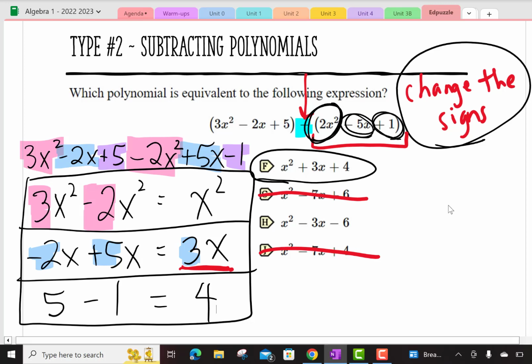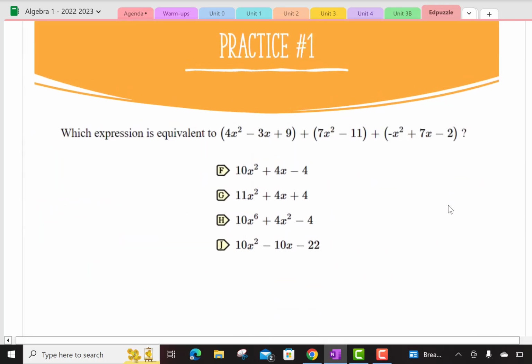All right. Now you have practice problem 1. So solve it on your paper, eliminate the parentheses, organize, and then choose the correct answer. Okay, after you've done that, we can check. Okay?